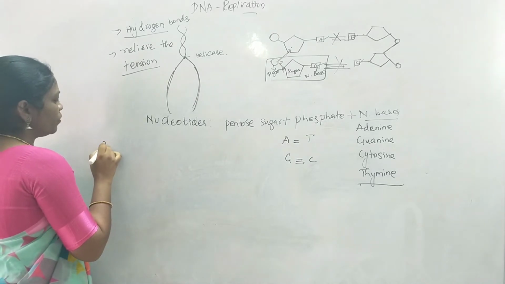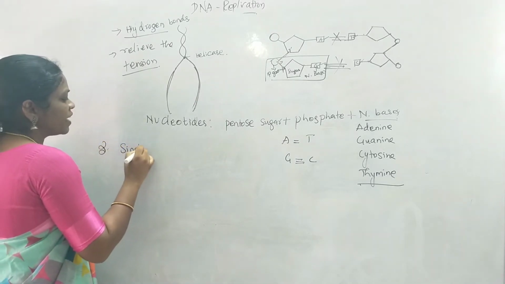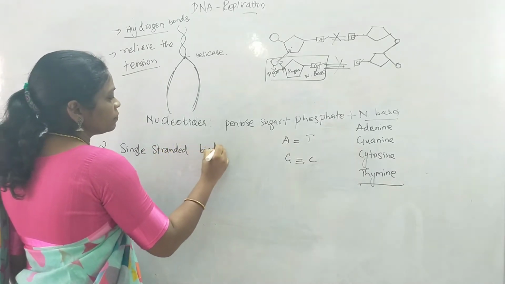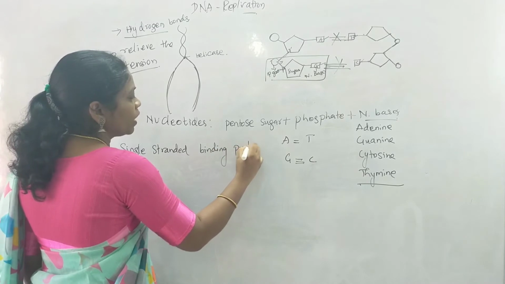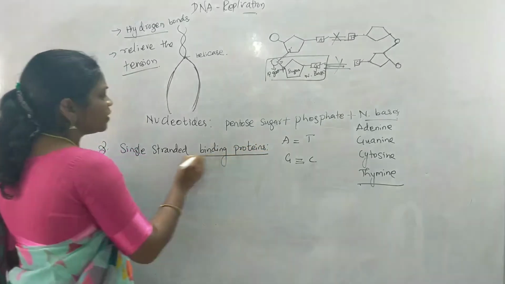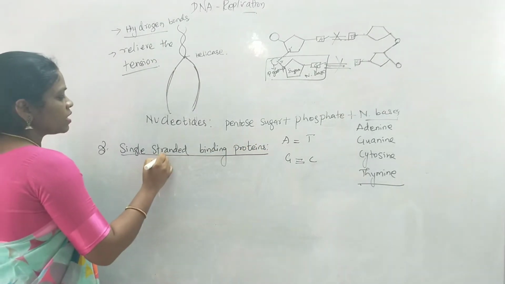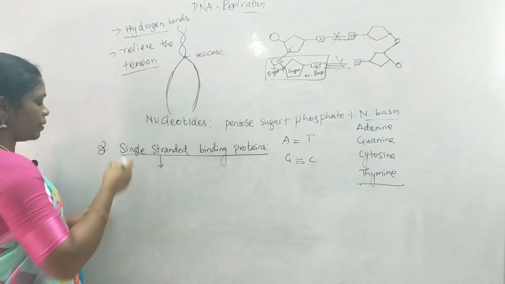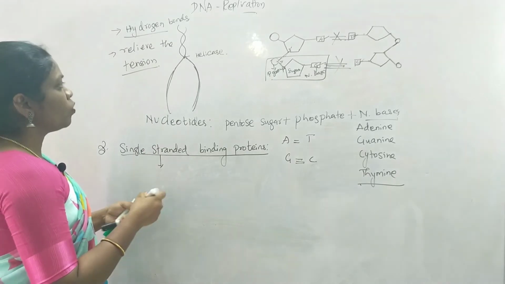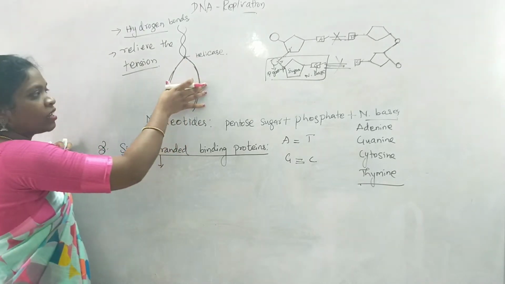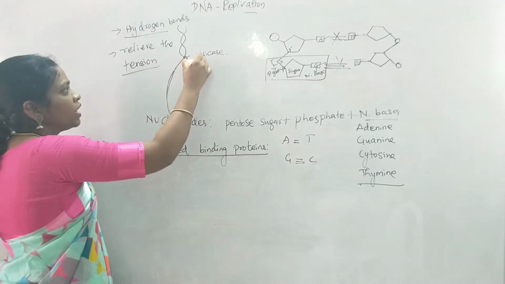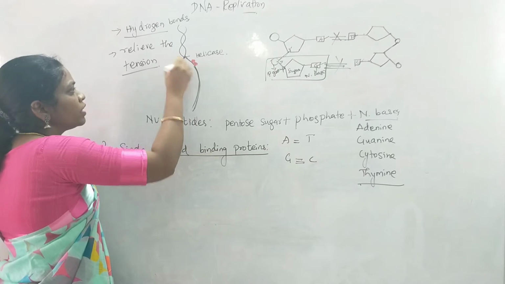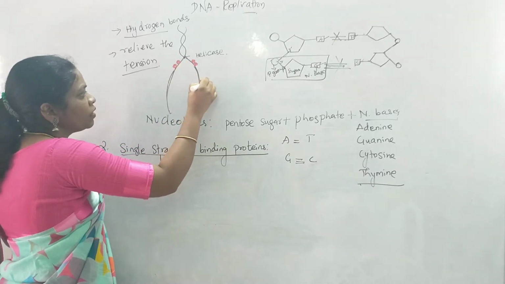The next enzyme we are going to learn about is single-stranded binding proteins. So what are these? When DNA gets separated, to avoid the recoiling of DNA, single-stranded binding proteins will hold the DNA strands so they are not coiled again.